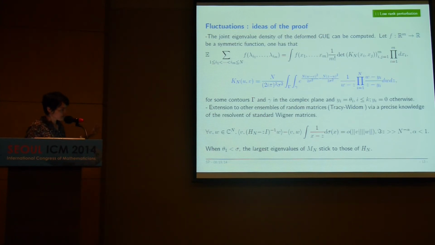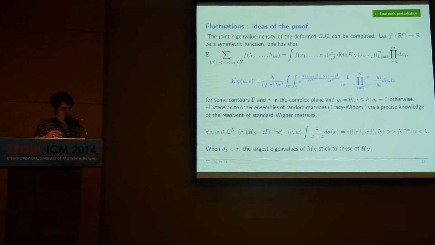The next part of the job, which has been accomplished by many authors and especially Benaych-Georges, Knowles and Yin, was to extend the result for Gaussian ensembles to non-Gaussian random matrices. And this has been accomplished using a very precise knowledge of the resolvent of standard random matrices.